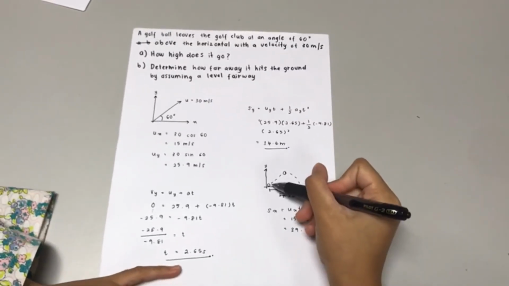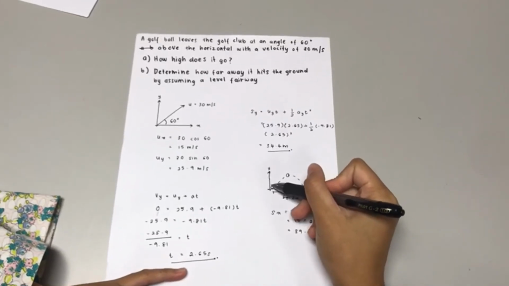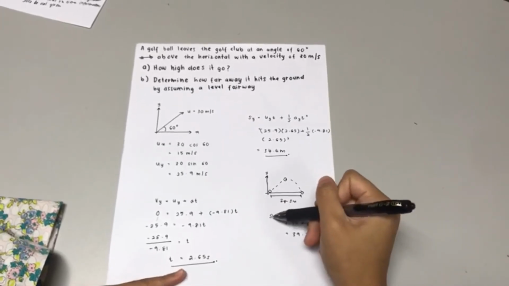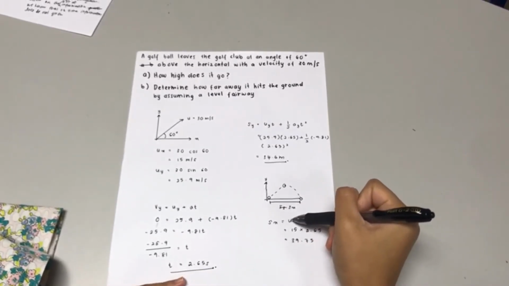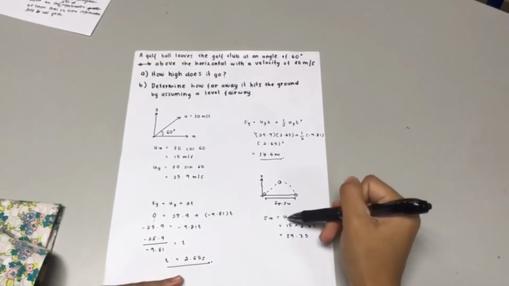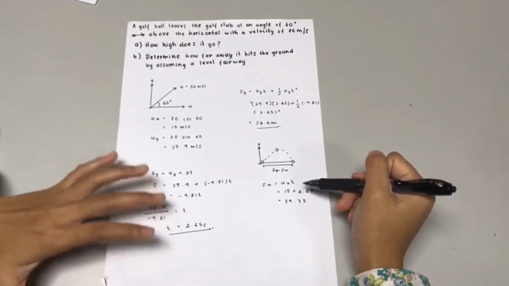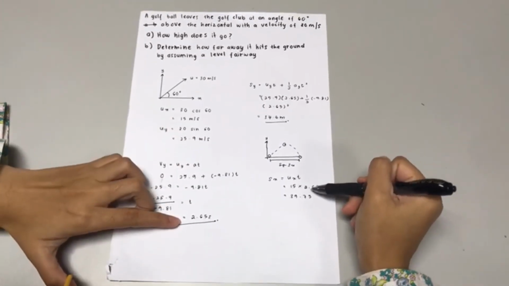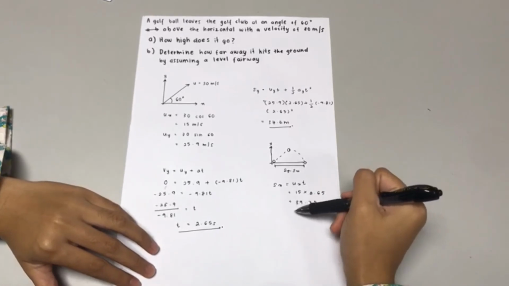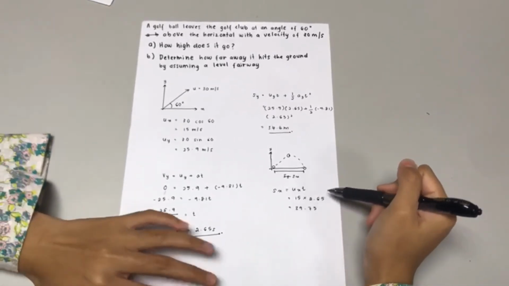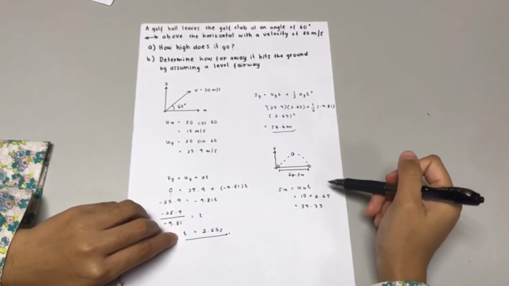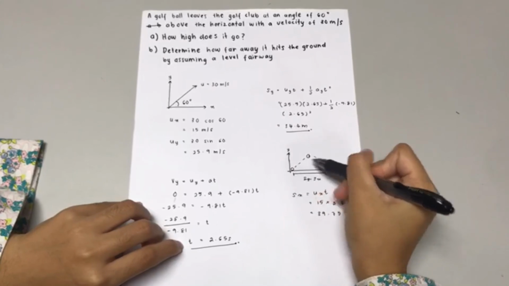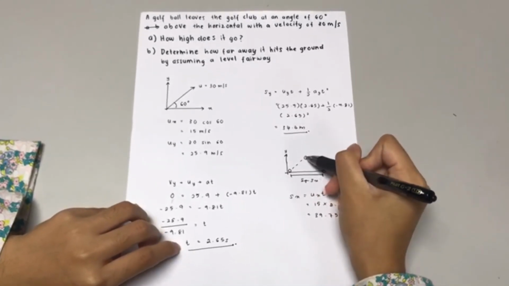So the distance between initial and final we know as Sx. The formula that we use is Sx equals Uxt. So for Ux, we take the information from here, 15 times the time, which is 2.65, then we get 39.75. The time that we calculated here is only up to the maximum height.